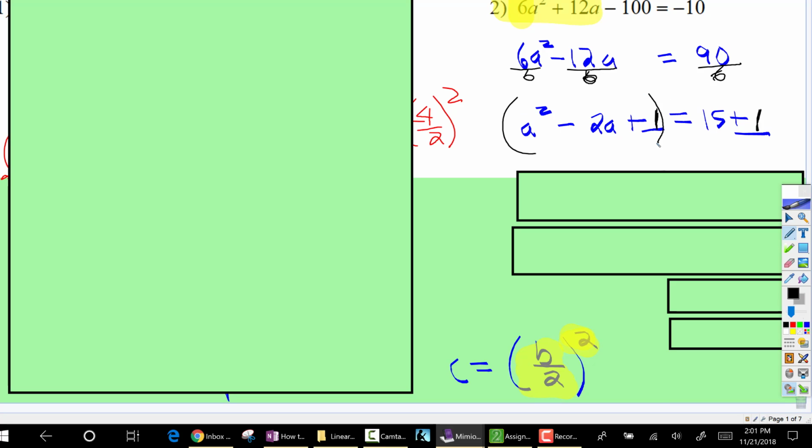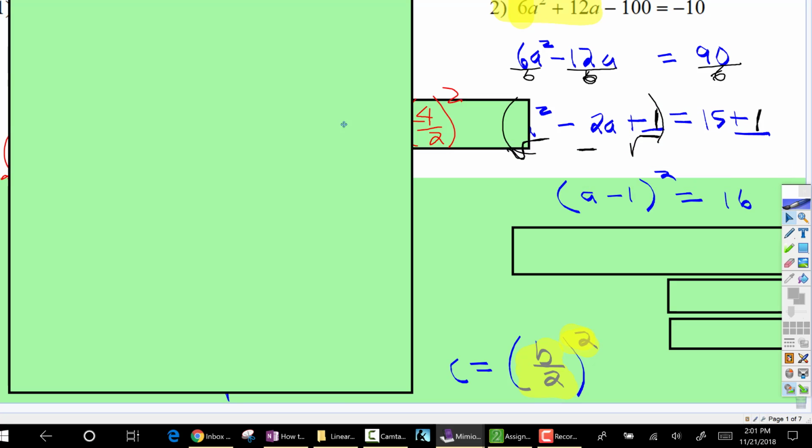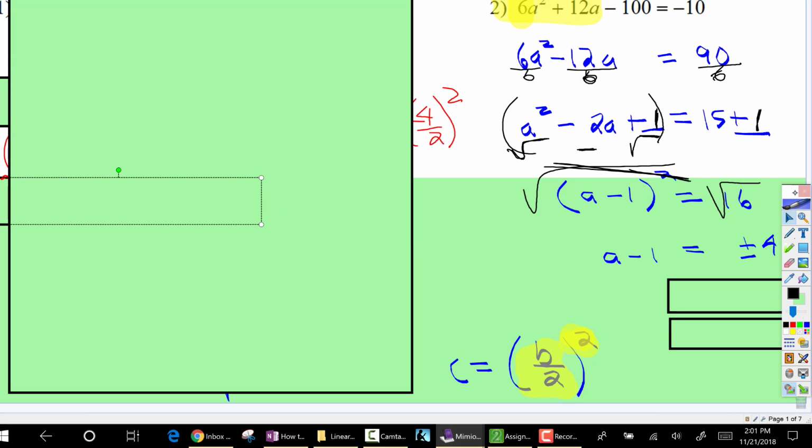Now we have a perfect square trinomial, the square root of a squared, the square root of 1, and that negative sign is what's going to go in the binomial squared. 15 plus 1 is 16, and then we're going to take the square root of both sides, and then we're going to have a positive and negative 4, and a subtract 1.